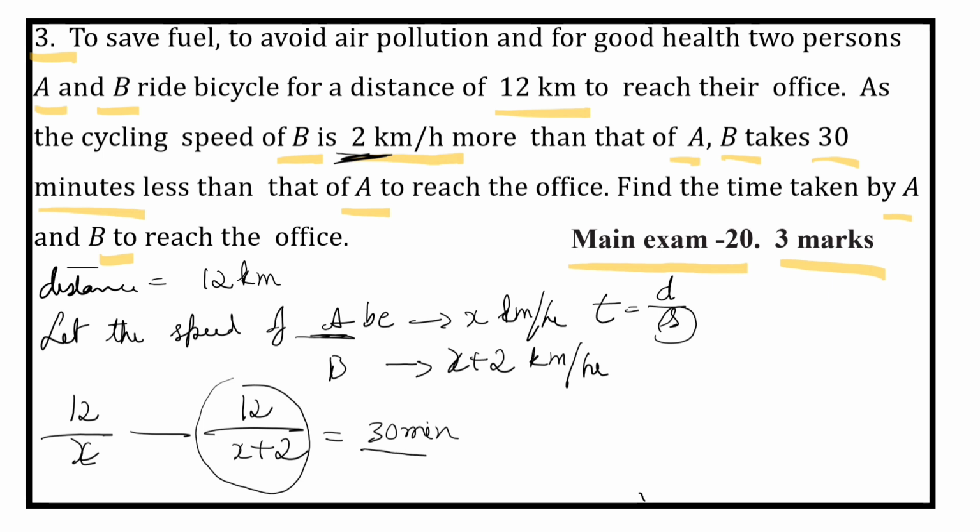We have to convert this to hours. Half an hour. It implies that 12 by x minus 12 by x plus 2 is equal to half.